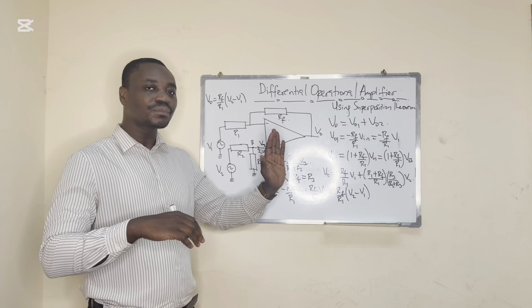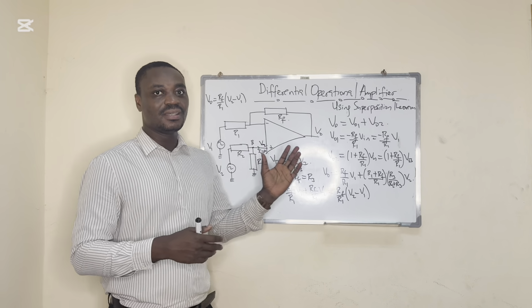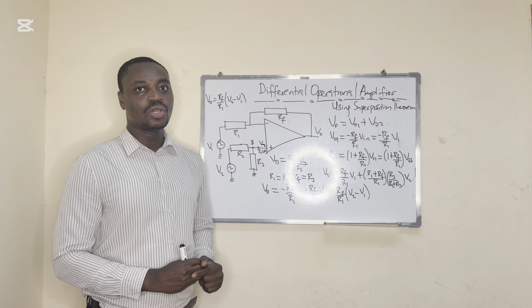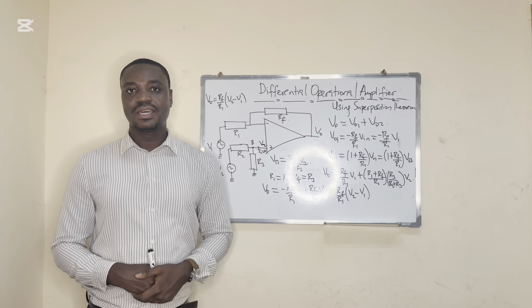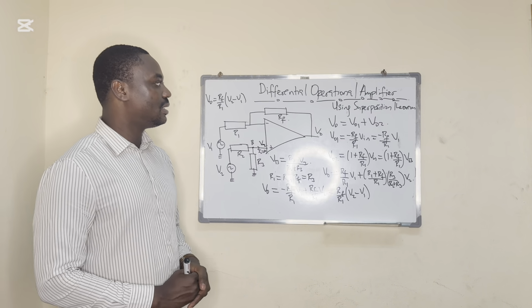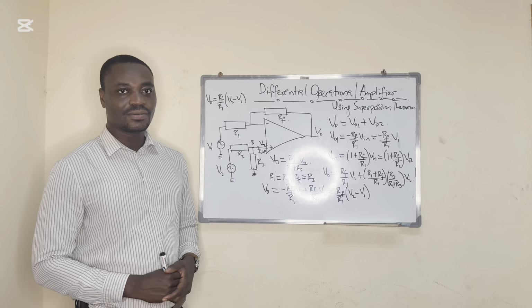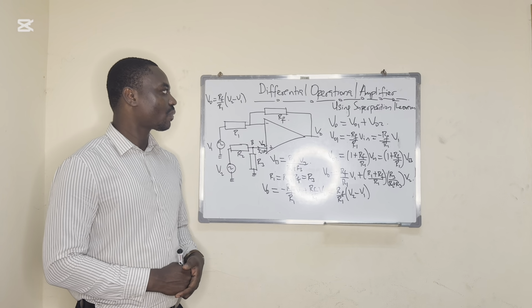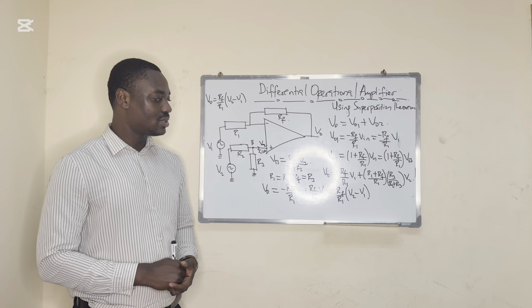So if I have signal 1, which is a voltage, let's say V1 and V2, and I want to find the difference between these two voltage signals, we can use a differential operational amplifier to do so. And we are going to see how this really works, how we are able to use this to find the difference between two signals.